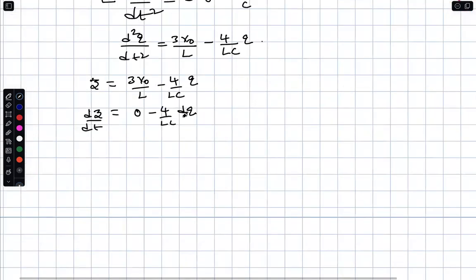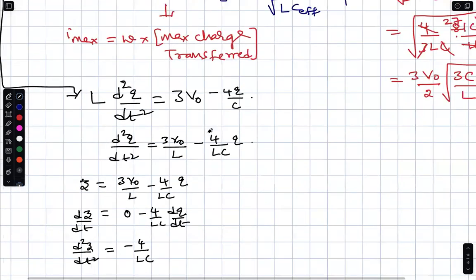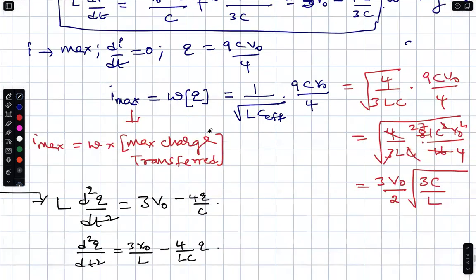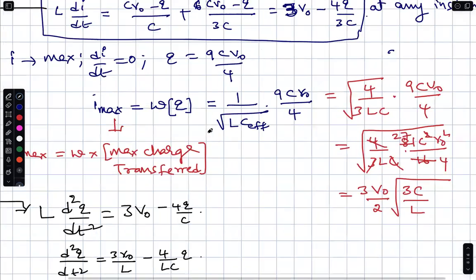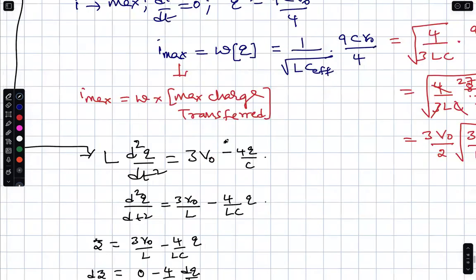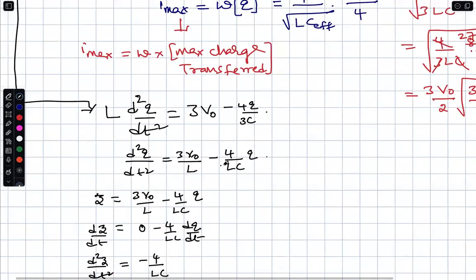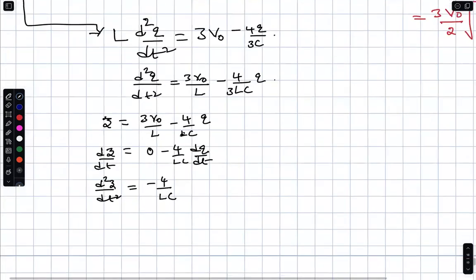So now I got everything. Now d square z by dt square can be written as minus 4 by 3LC times d square q by dt square.